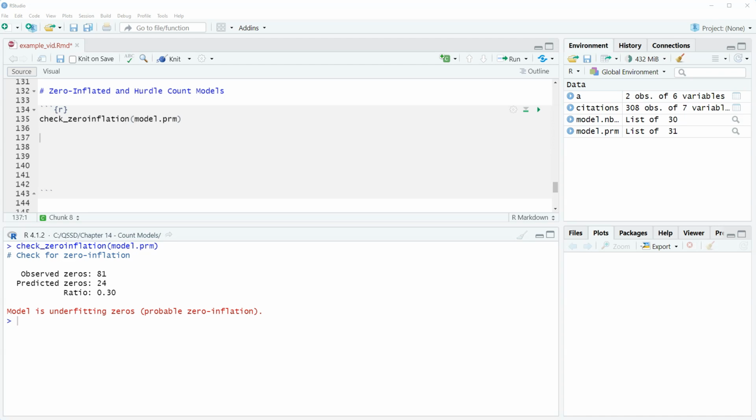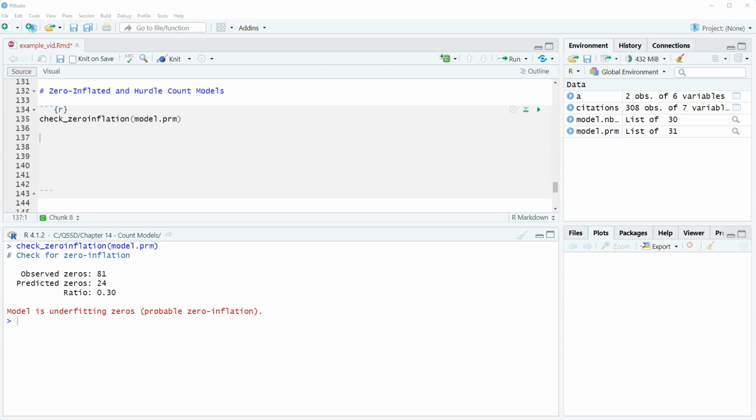It feeds that information into the count model part, so zeros are not excluded from it. For both of these, the standard count model parts are Poisson, so you'd have zero inflated Poisson regression, zero inflated negative binomial regression, and then hurdle Poisson, but it's really the zero truncated, because that's what the model is.